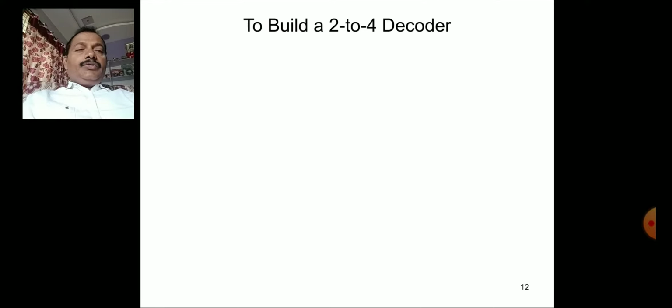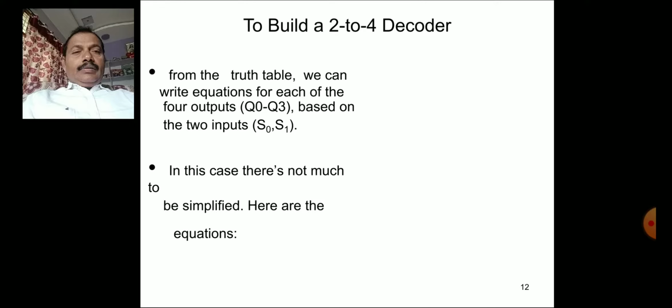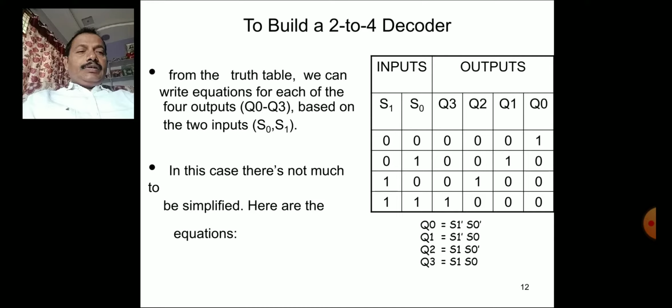To build a 2 to 4 decoder, from the truth table we write the equations for the outputs in terms of inputs. In this case, there is not much to be simplified. Here are the equations, very simple. Q0 is S1 bar S0 bar.